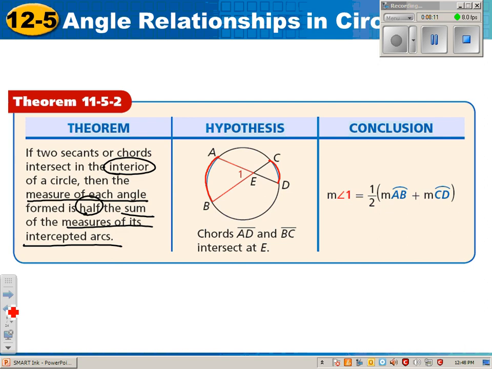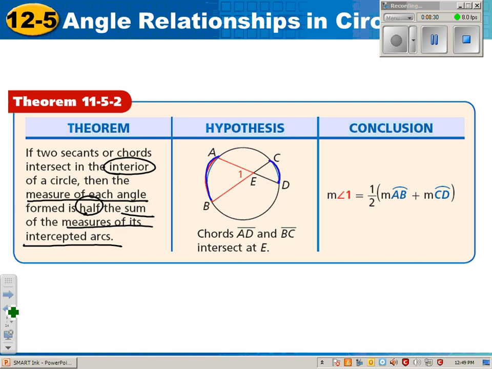But if I want to find the measure of angle 1, I simply add those two arcs, the one it intercepts and its vertical arc, add those together and take a half. So angle 1 would be the sum of arc AB plus arc CD times a half.